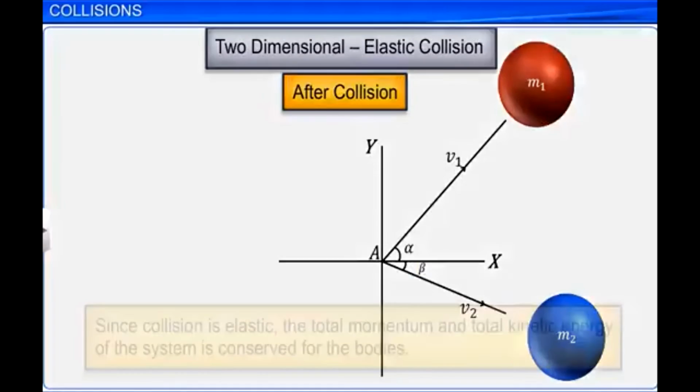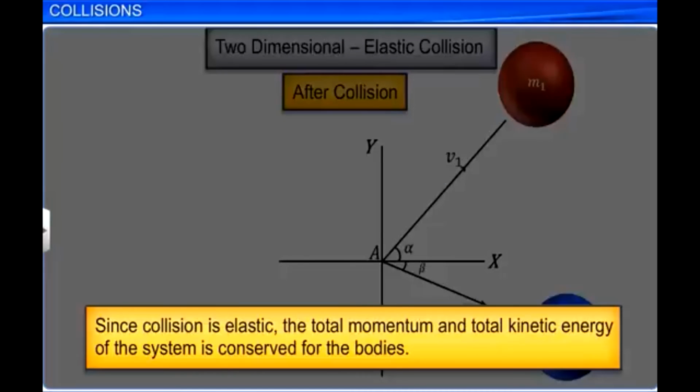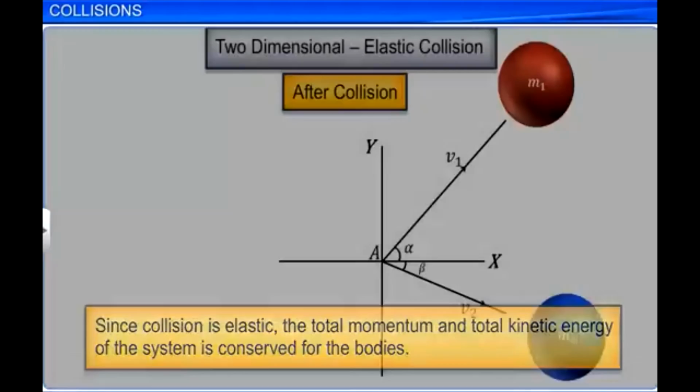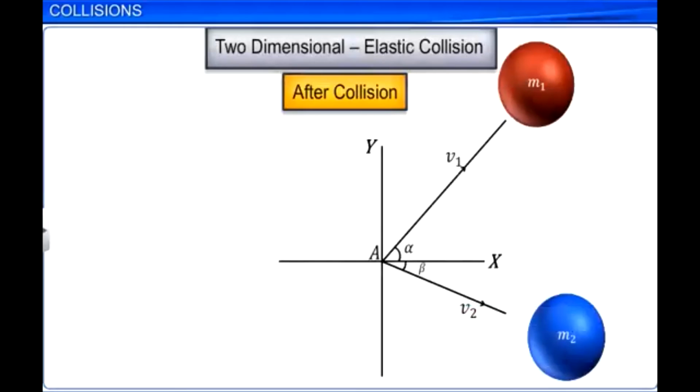Since the collision is elastic, the total momentum and total kinetic energy of the system must be conserved for the bodies. The law of conservation of momentum must be applied both along the x-axis as well as the y-axis.